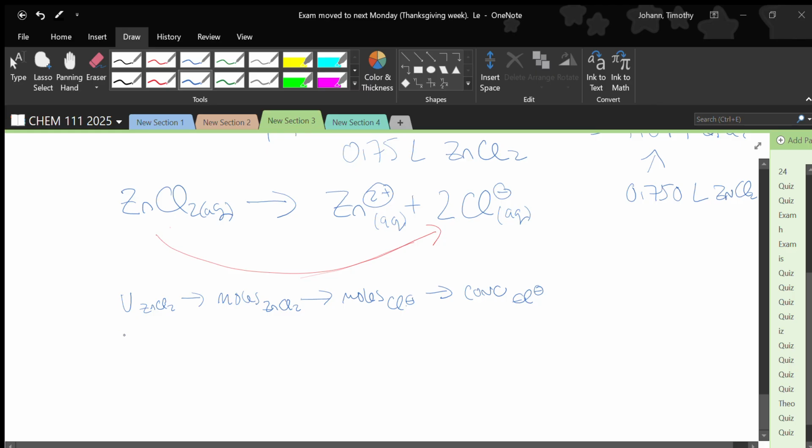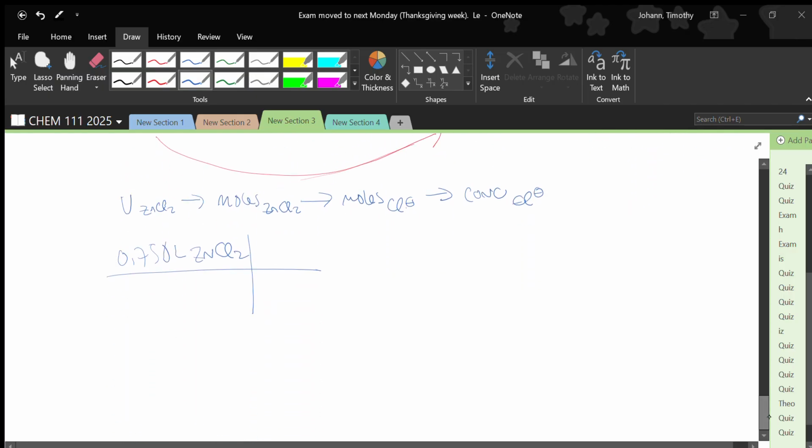All right, so I know I have 0.750 liters of zinc chloride. I know my molarity of zinc chloride is 1 molar. We just solved for that right there. So what that says, if I have 1 liter of zinc chloride, I'm going to get 1 mole of zinc chloride.